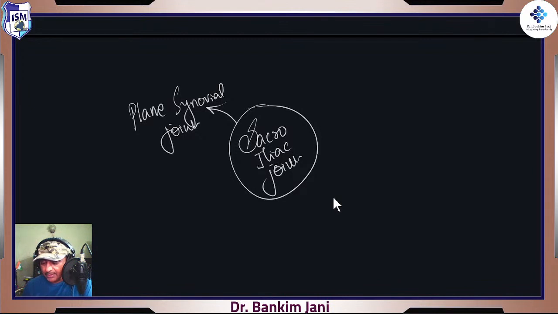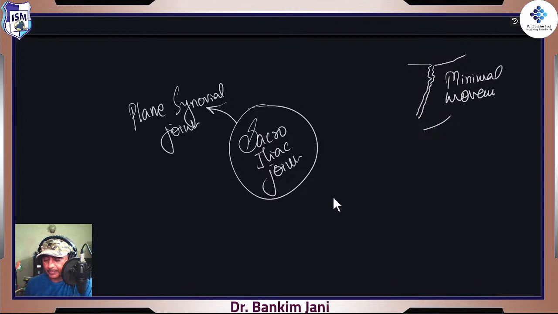The reason behind it is that, see, that's the sacrum, right? But the sacrum is not actually like that. The sacrum is like this, and then there are irregularities over here. So these two surfaces are quite irregular. They are not smooth surfaces so that they can glide. Due to these irregularities, there is minimal movement, right? So this is more or less like a fixed joint.